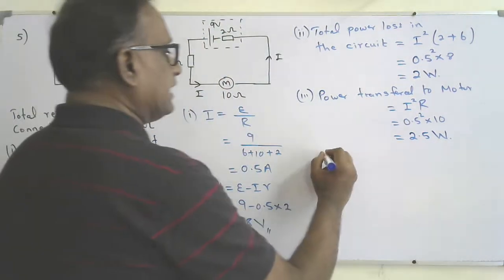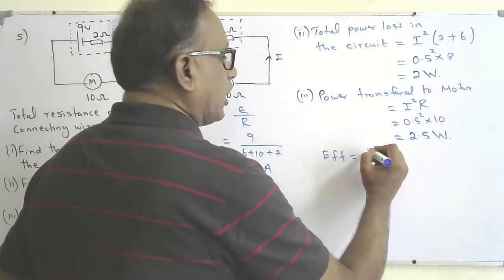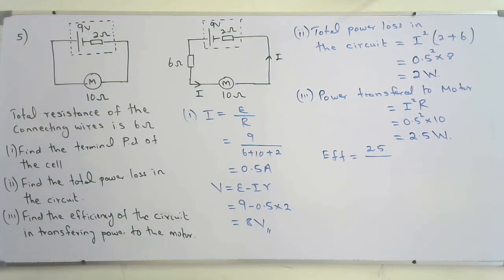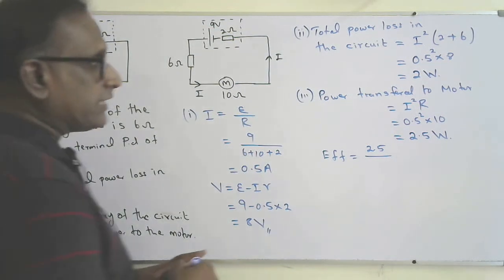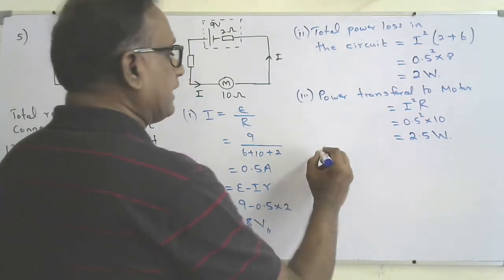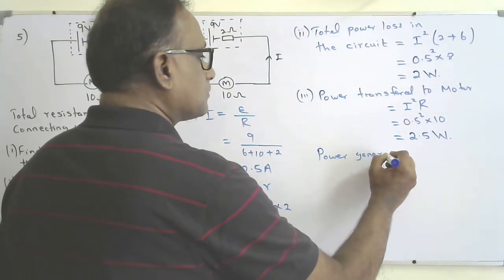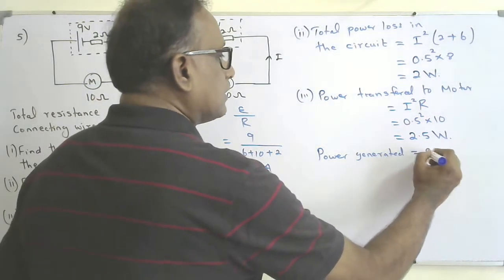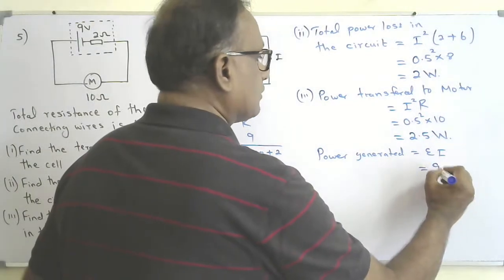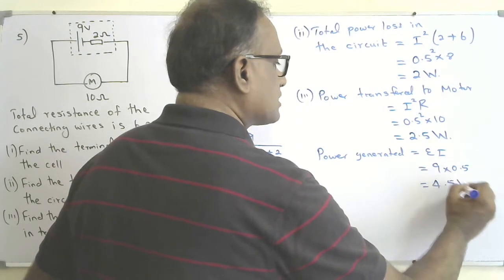So for the efficiency of the circuit, the useful power output to the motor is 2.5. I need to find the power generated by the cell. That will be EMF times I. The EMF is 9 times 0.5, that is 4.5 watts.